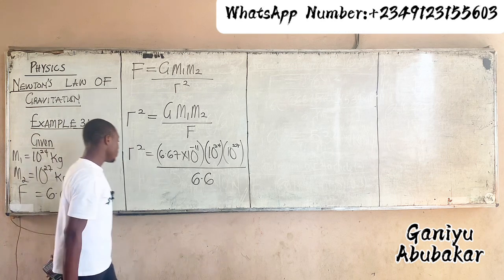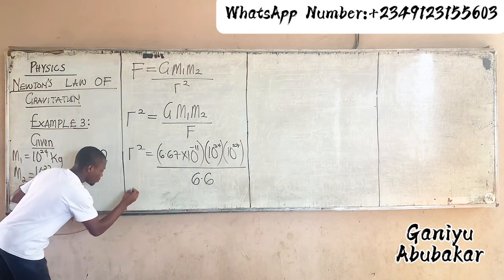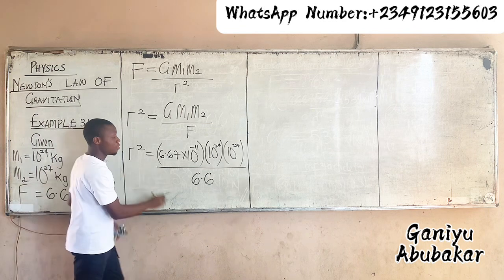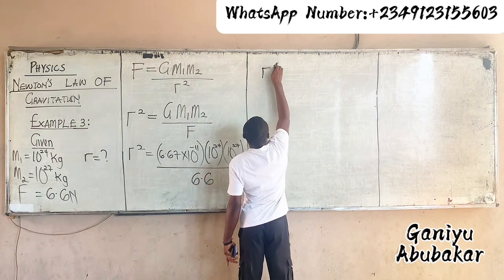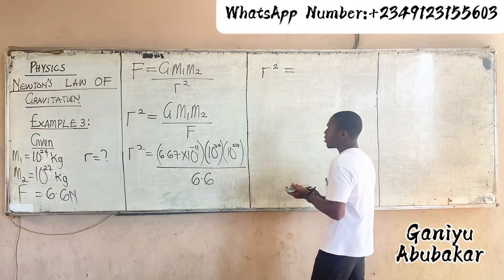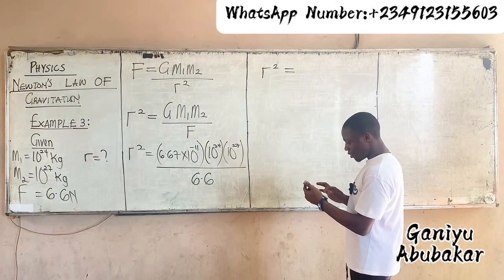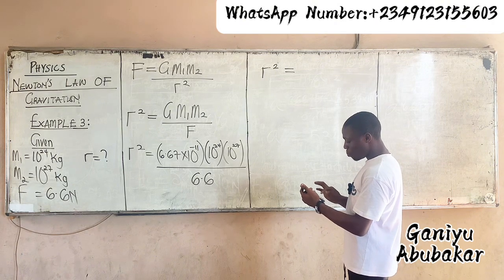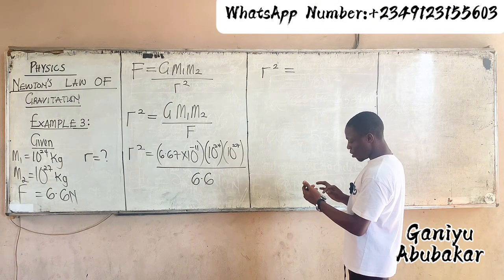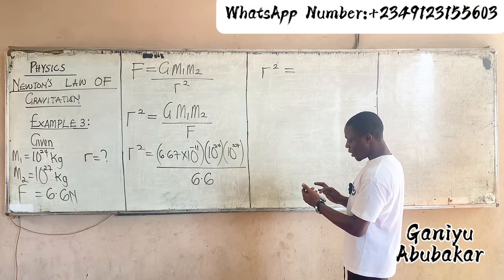So r squared should be equal to 6.67 times 10 to the power minus 11, multiplied by 10 to the power 24, multiplied by 10 to the power 27.